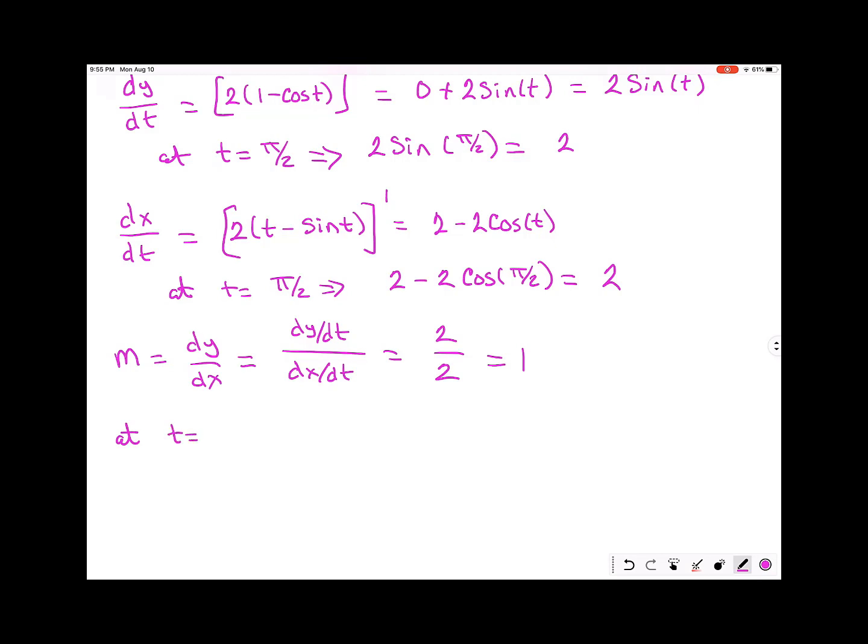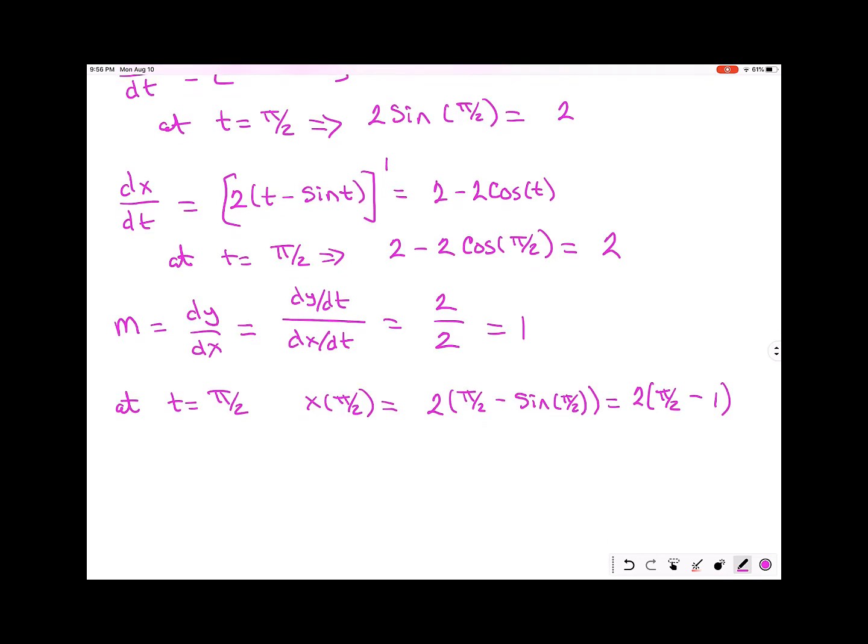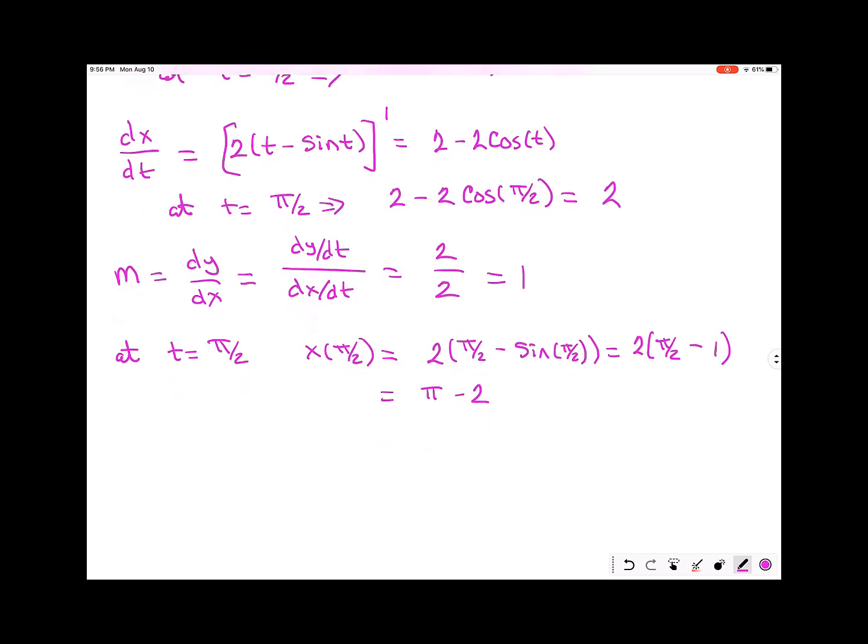So at t equals pi over 2, x of pi over 2 equals, well, this would be 2 times pi over 2 minus the sine of pi over 2, and so that would equal 2 times pi over 2 minus 1. And so we have pi minus 2.